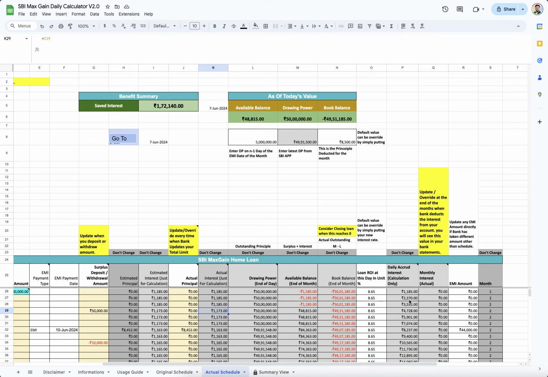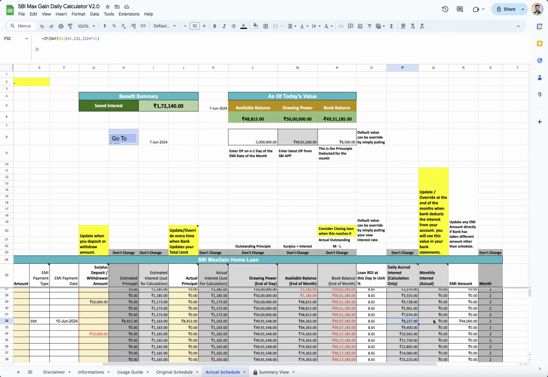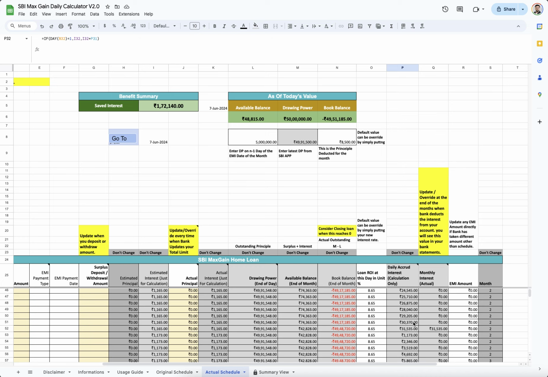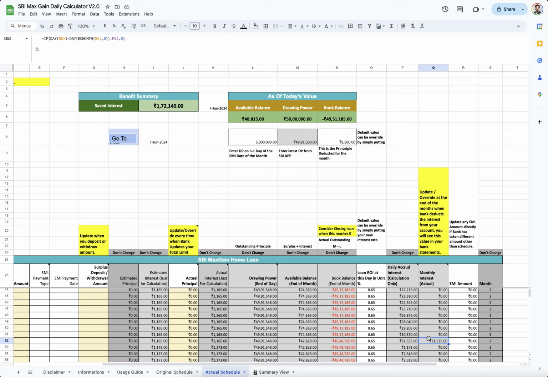interest accrued as well, which will show you total interest till that particular day in the month. Okay, so this is the first day, then additional this amount, then addition of this, then addition of this. So it will basically show you in the month how much interest we are giving, right? So this is the monthly interest. So we can see for this month we basically accrue this much amount of interest.